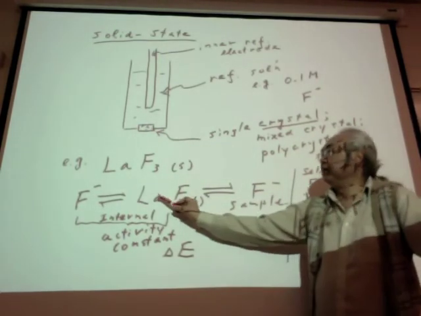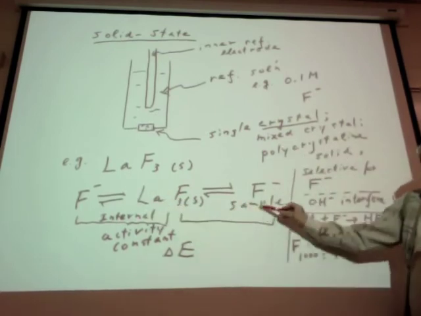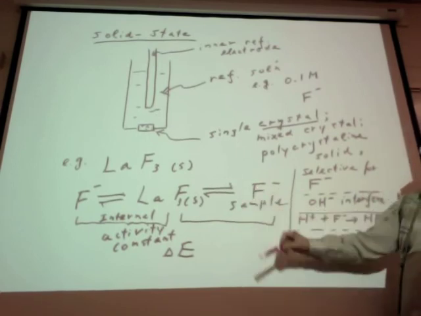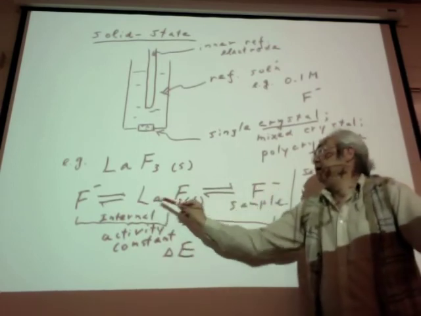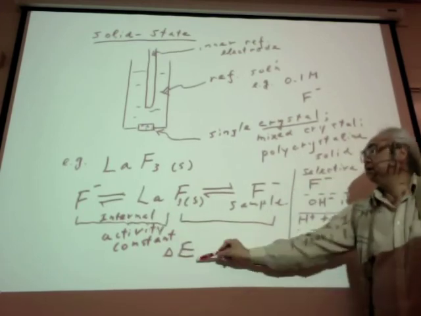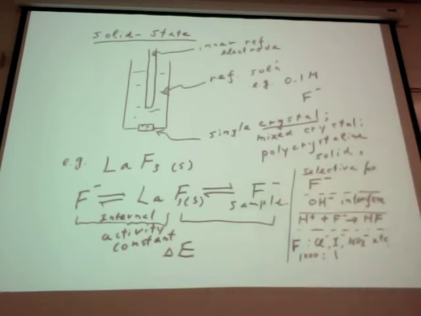So now you have the internal activity being constant, and the external activity is different. So now you have the two, internal and external, so you can have a delta E. This is how you measure the fluoride concentration.